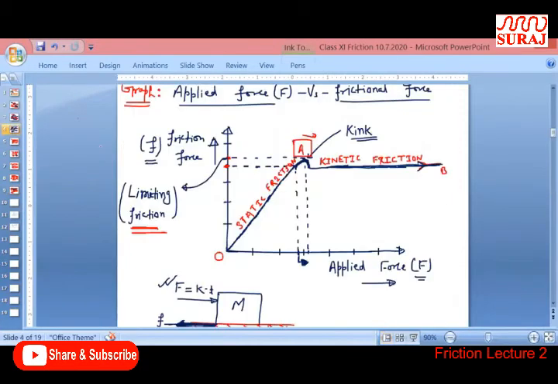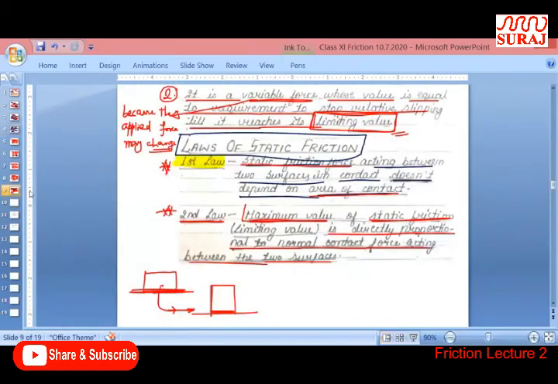Maximum value of static friction is what? Limiting friction. Limiting friction is a friction where the block has not moved, but it is about to move. So the maximum value of static friction, that is called limiting friction, is directly proportional to the normal contact force acting between the two surfaces.